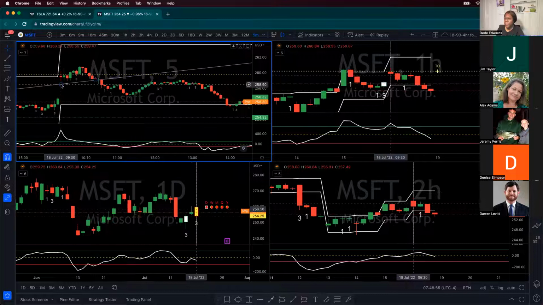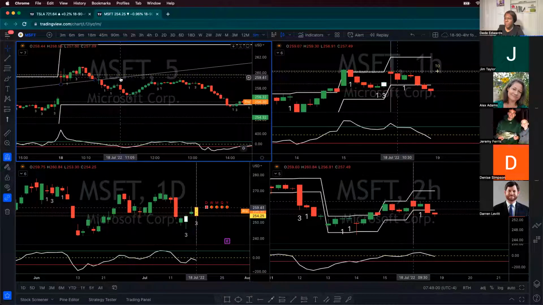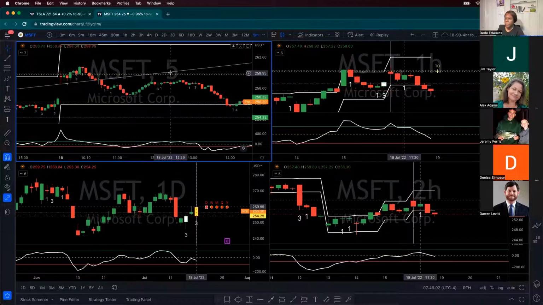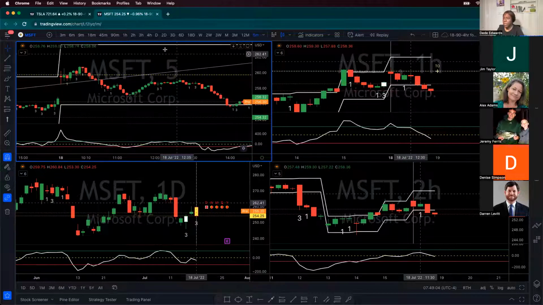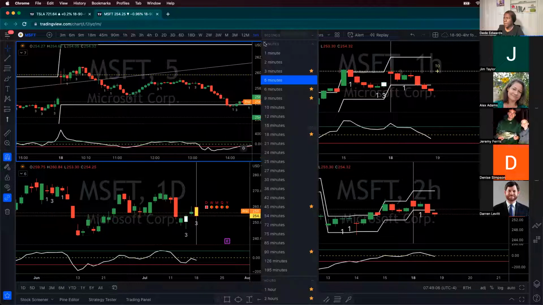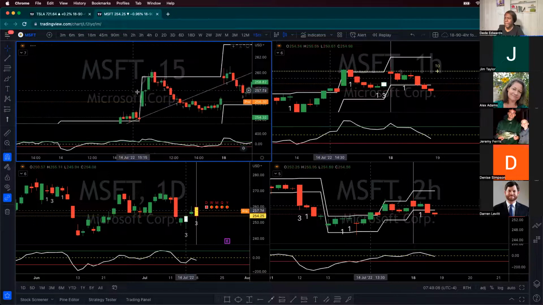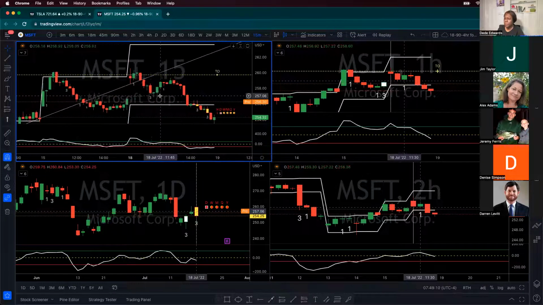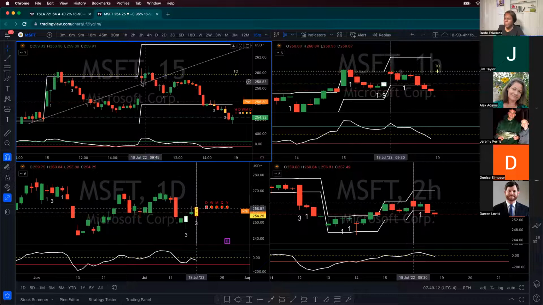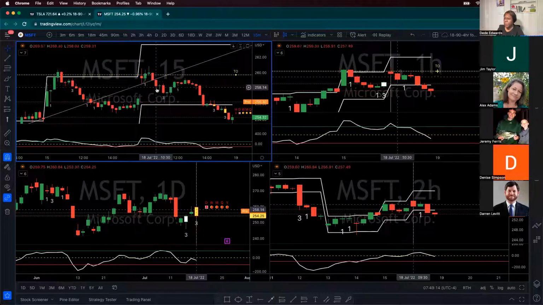And so we would have entered here, and then we would have held it if it crossed back above this range. If you were on a 15 minute candle, same thing, guys. So this would have been your entry, right? So this is your 60 flip if you had waited.